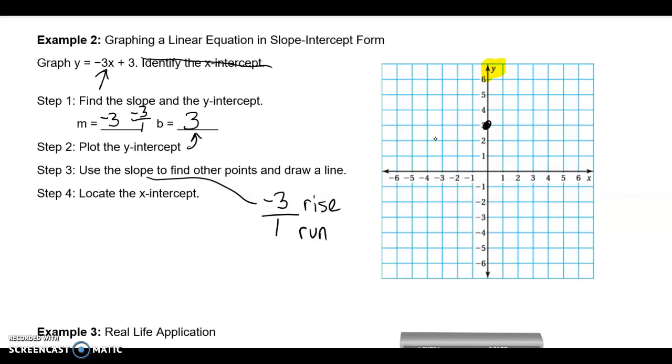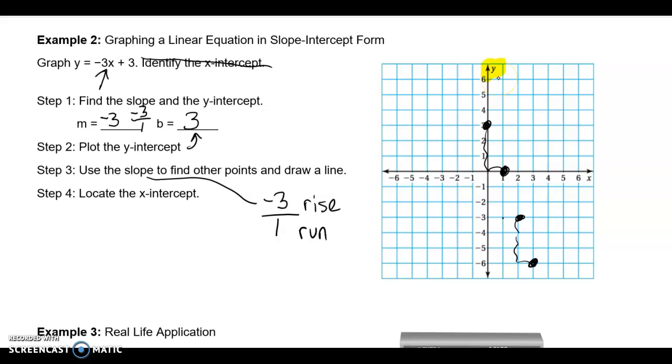From this point, this is your b, it is always going to be your starting point. We are going to rise negative 3. That means we're going to go 1, 2, 3 down, and then we're going to run 1. And we're going to put another point. And I'm going to do that again. 1, 2, 3 down over 1. Those make a line.